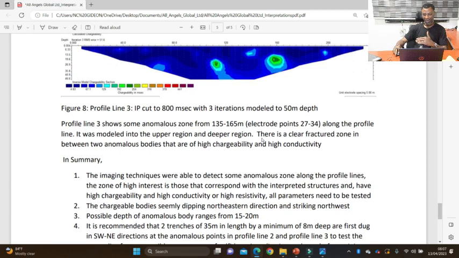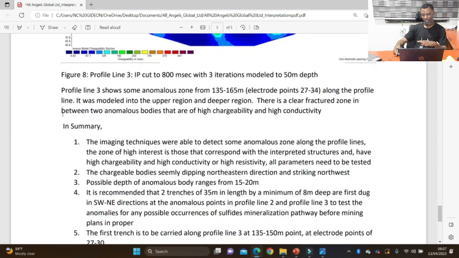So I think in this we're able to summarize the results actually gotten. Profile line three shows some anomalous zones, this to that, along that, and there is a very clear fractured zone between the two anomalous bodies of high turbulence and high conductivity. In summary, with the imaging techniques we are able to detect some anomalous zones along the profile lines, and the zones of high interest are those that correspond with the interpreted structures and have high chargeability and high conductivity or high resistivity.